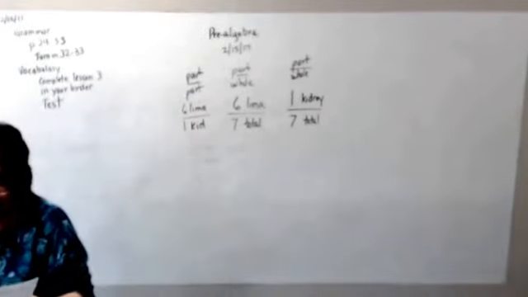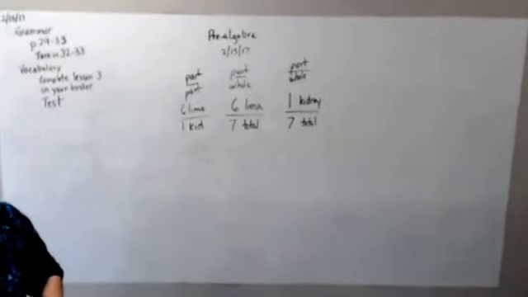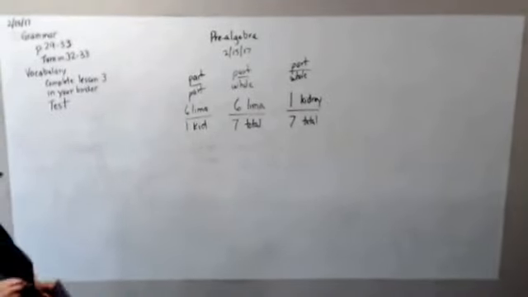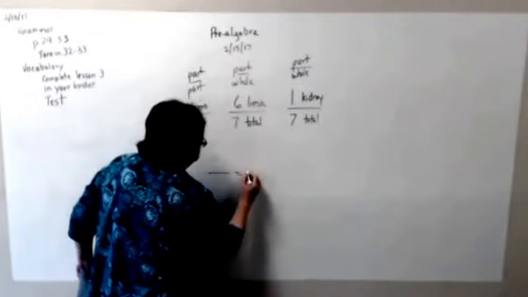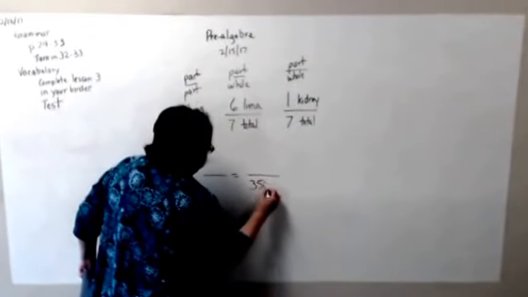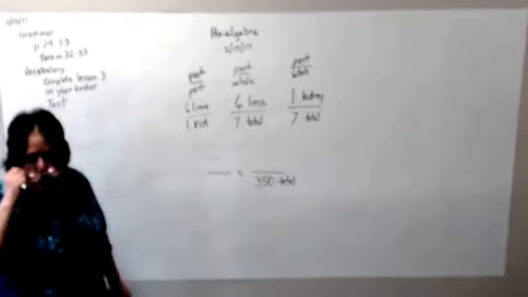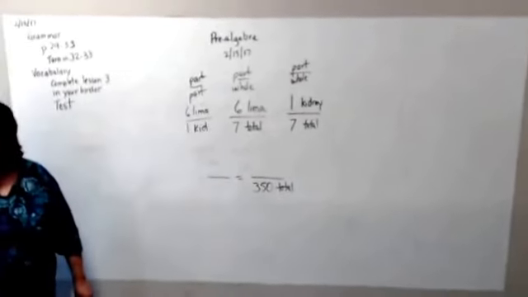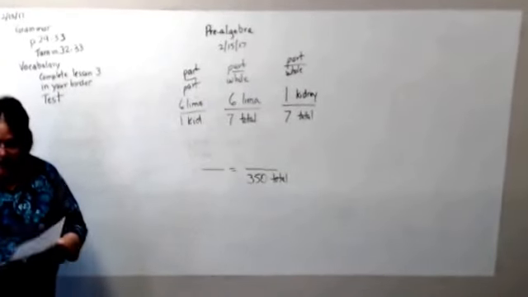Now let's read the question. We know at the beginning they told us there's 350 total. So we don't know which ratio we're going to use yet, but they gave us that information at the beginning, trying to trick us.